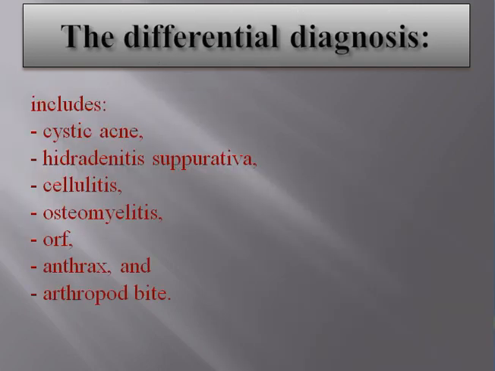The differential diagnosis for carbuncle and furuncle includes cystic acne, hidradenitis suppurativa, cellulitis, osteomyelitis, ORF, anthrax, and arthropod bite. Cystic acne lesions are typically similar to furuncles and carbuncles and have only a pustule, if any, on the surface. Hidradenitis suppurativa usually presents only in the axilla and groin regions and is more chronic.